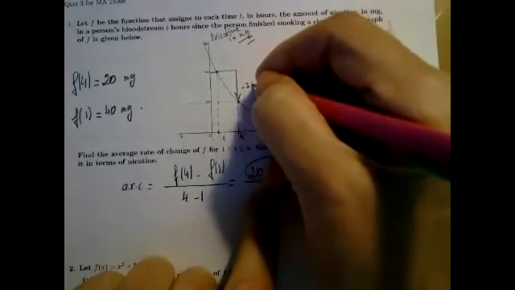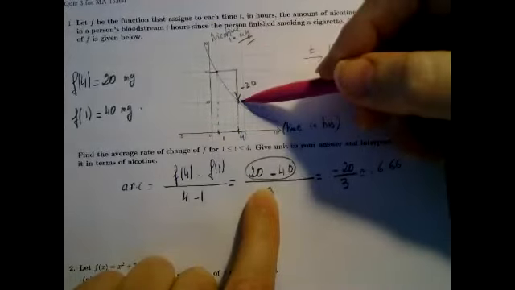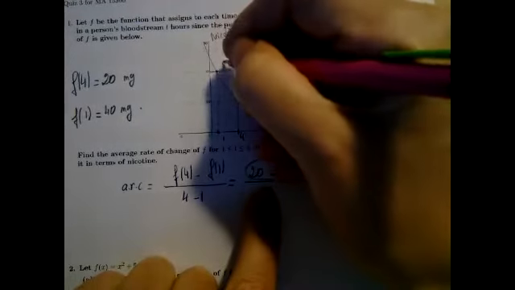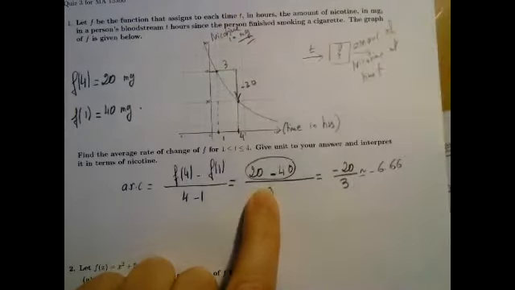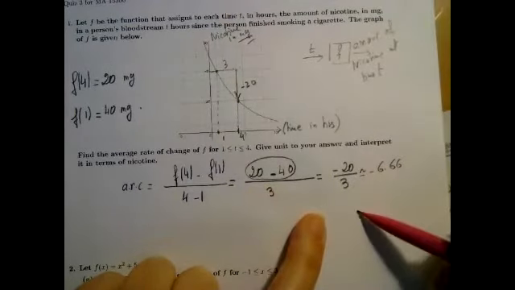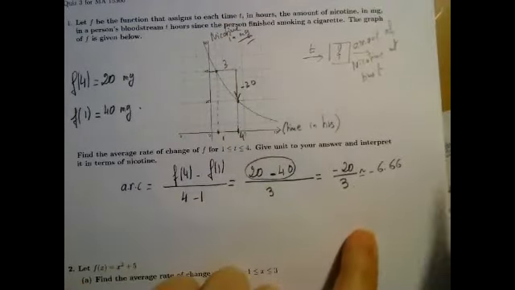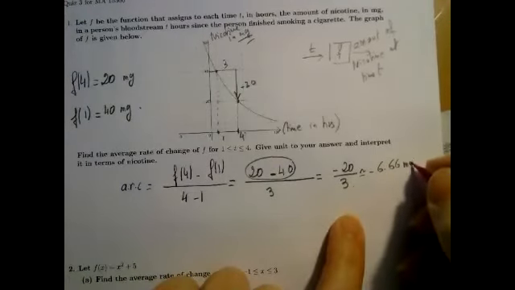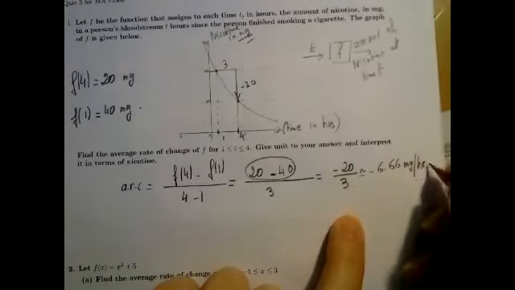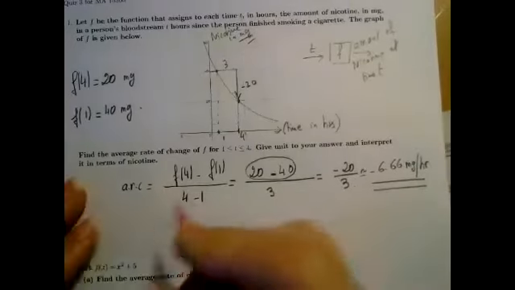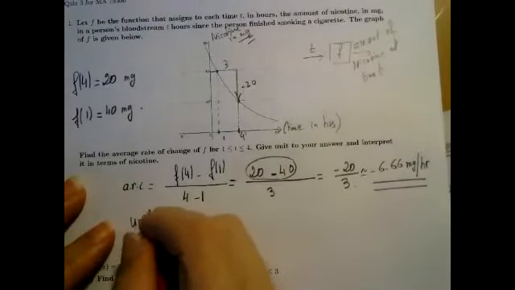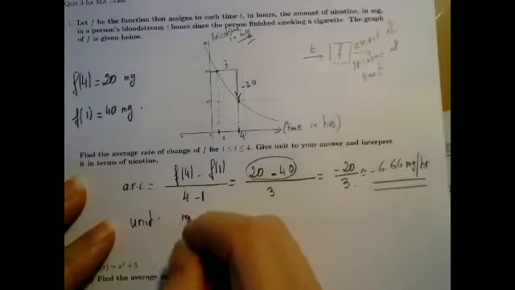So minus 20 is by how much the amount decreased. But it took 3 hours to do this decrease. So when you take minus 20 over 3, what you end up with is how many milligrams per hour. So the unit is milligram per hour.